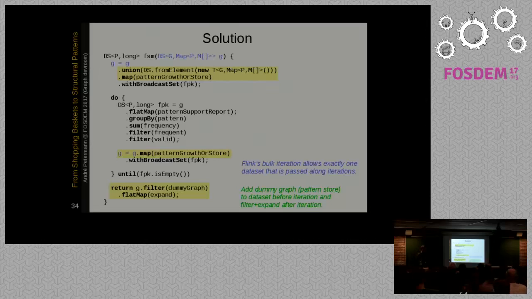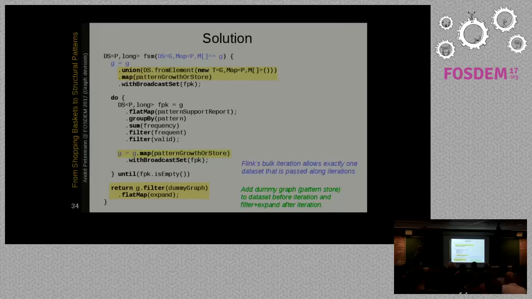Because it's an empty graph and we ensure that it's the only empty graph in the whole data set, we can identify it. Then we extend this map function: we do not only apply pattern growth, but pattern growth or store. We just check if the graph is empty, and we can use its pattern embeddings map to store frequent patterns. Because we can reuse it, we don't need any additional data structure. We can just use the data structure we already have.